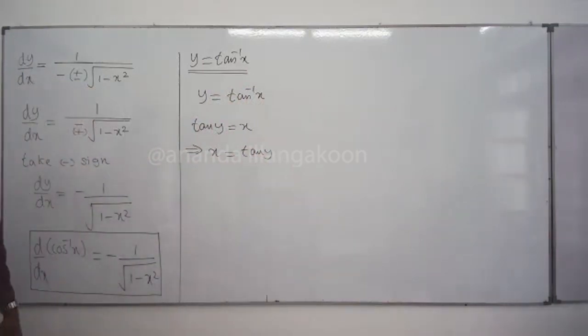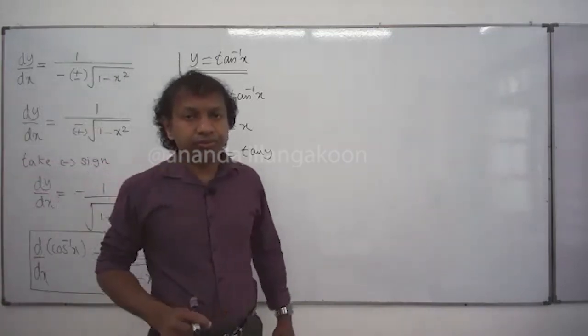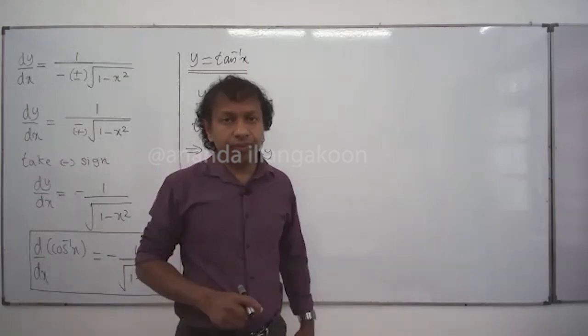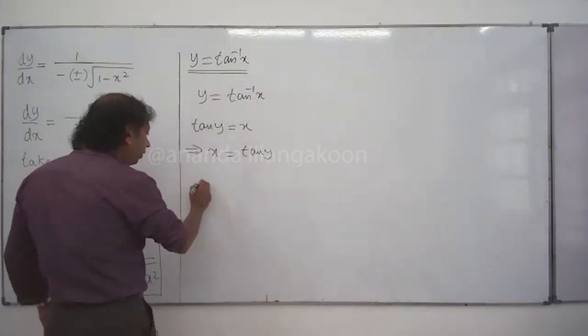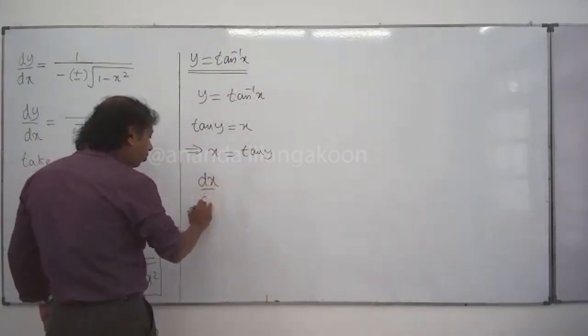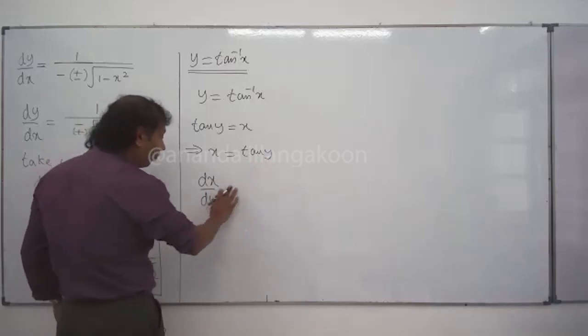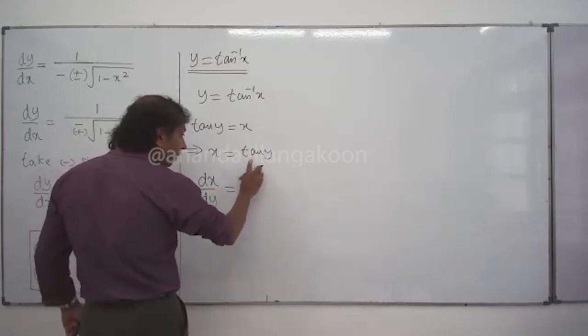Today we found the derivative of tan x. People, what is the derivative of tan x? Derivative of tan x is sec squared x. Then we can find dx upon dy. Dx upon dy, tan derivative is sec squared.